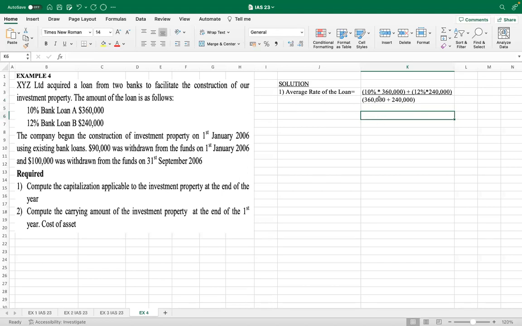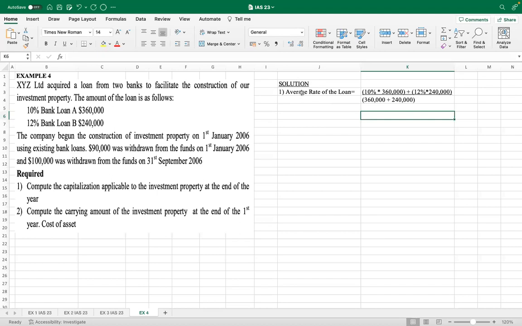So for the average interest rate, you just don't take 10 plus 12 divided by 2, because 10 was for 360,000 and 12 was for 240,000. But if the two were for a similar amount, you can just take 10 plus 12 divided by 2. If the amounts were different, you get the weighted average.